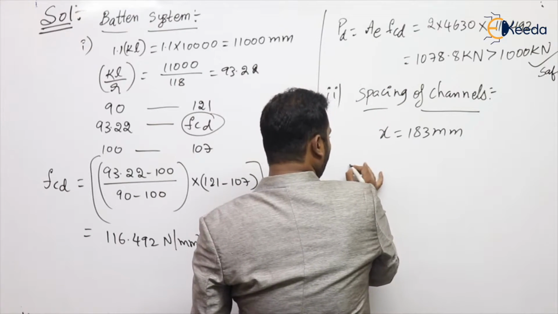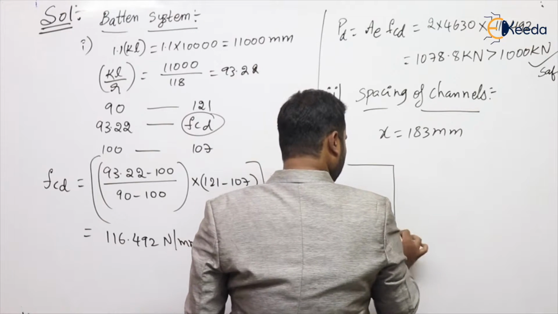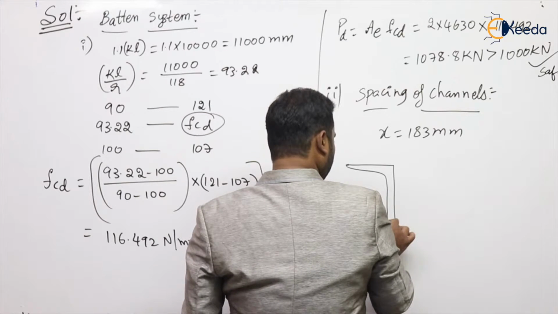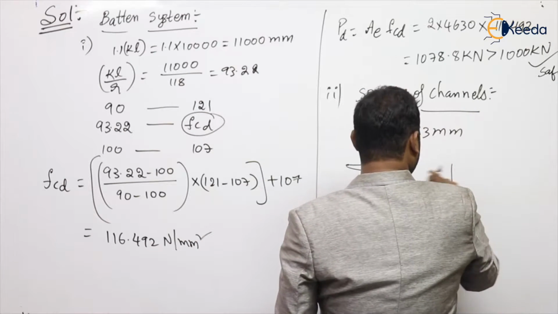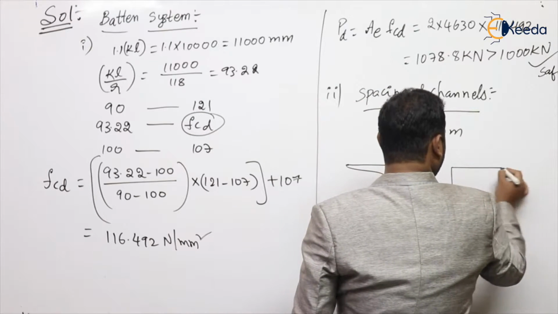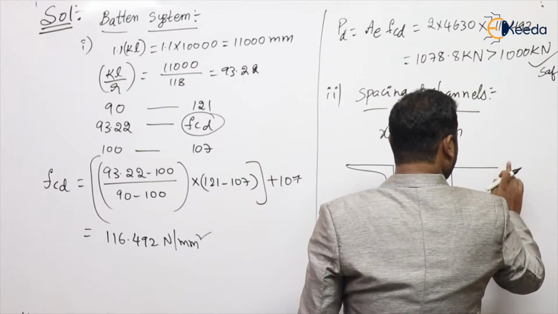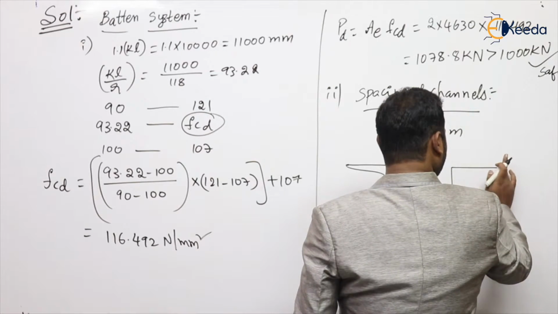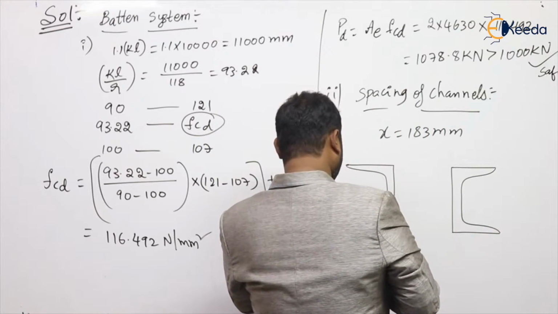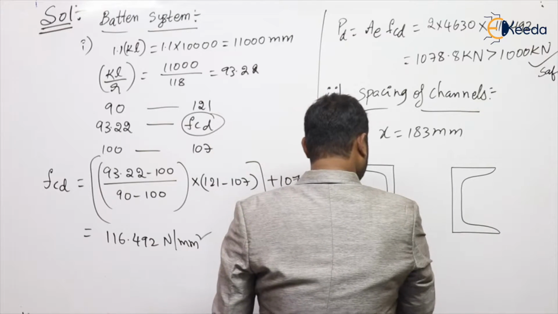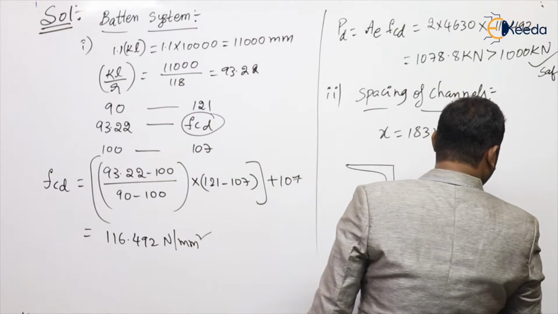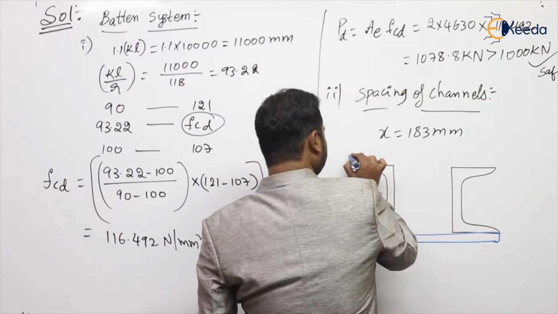So, this is one channel. And this is another channel. Now these two channels are connected by making use of the batten system.